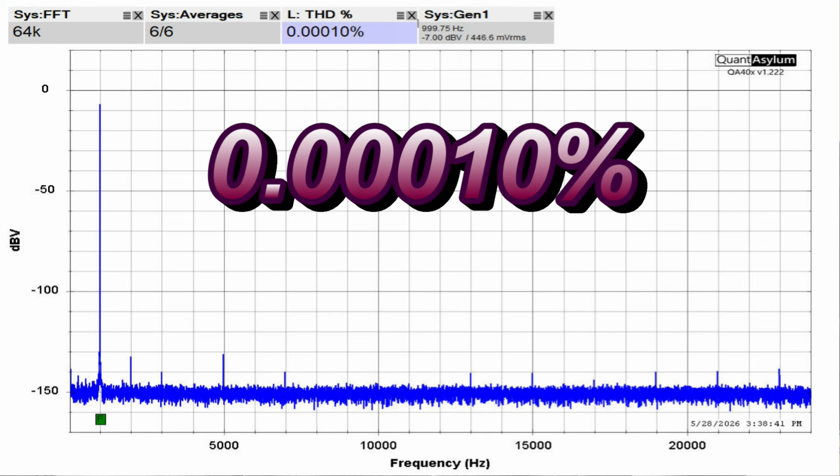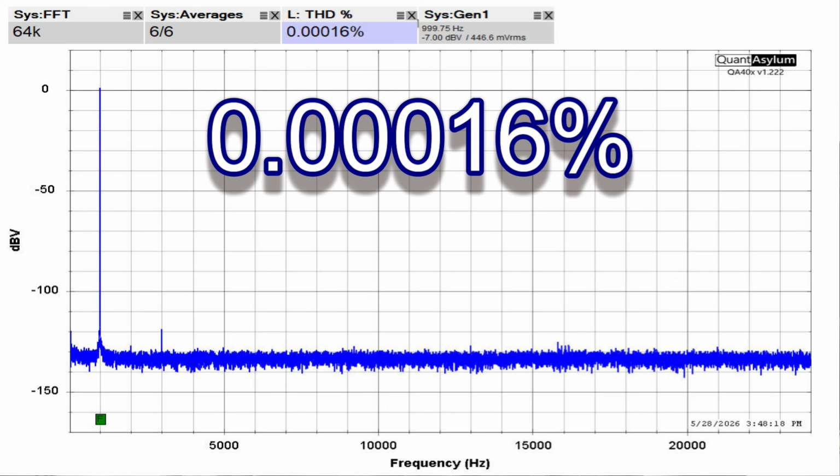We have to make do with what we can, and in this case it's the FCA-001A from Quant Asylum, which has basically got quite a good reputation amongst reviewers and designers alike, and certainly it is sufficiently good that we can demonstrate how good our preamp actually is, and I'm going to show you some of these things live on this channel today. Something to consider about the Quant Asylum is its distortion.